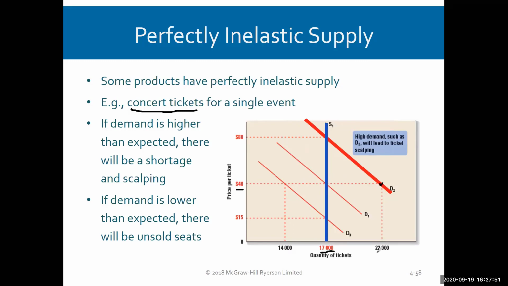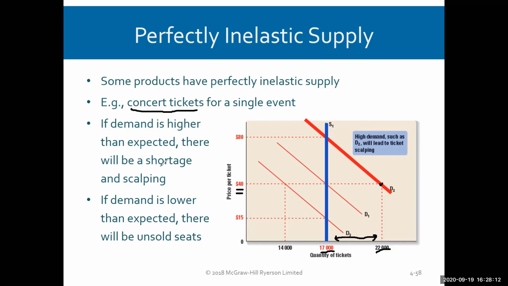Let's say 22,000 people want seats, but there are only 17,000 available. Why the heck would they put the price so low? If they did it on purpose, it could be because now there's a big shortage of seats, from 17,000 to 22,000. 5,000 people won't get seats.